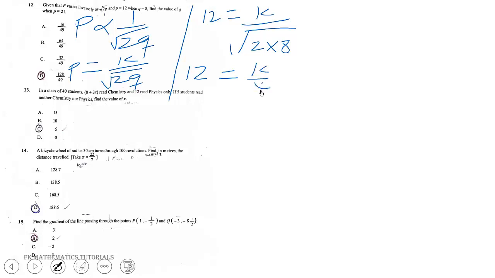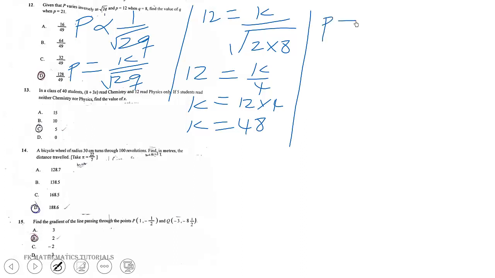So 12 equals K over 4, so K will be equal to 12 times 4. 4 times 12 is 48. So K equals 48. Substituting the value of K, P equals 48 over square root of 2Q. Now we're asked to find the value of Q when P is equal to 21.